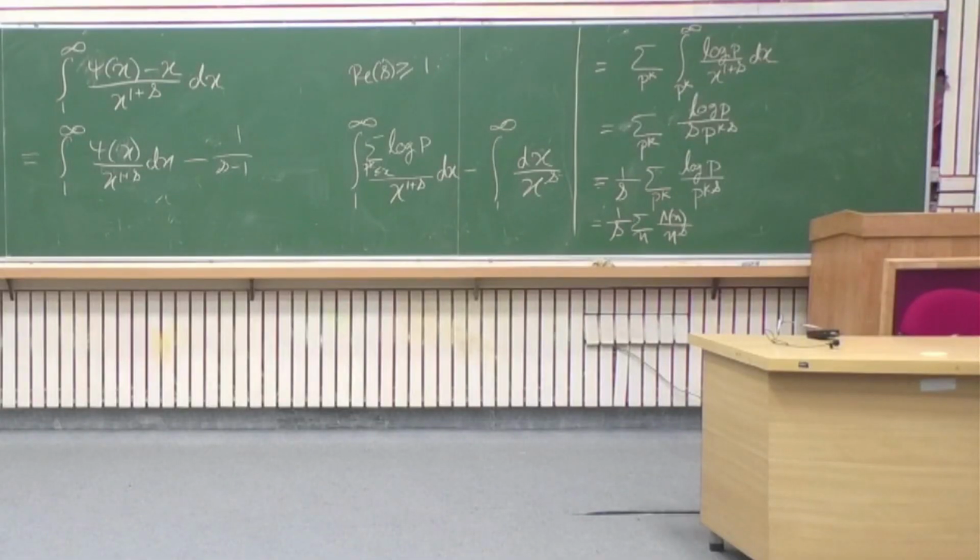In other words, recall from the first tutorial that lambda was mu star log, right? So that means the Dirichlet series associated with lambda is equal to the Dirichlet series associated with mu times the one associated with log.